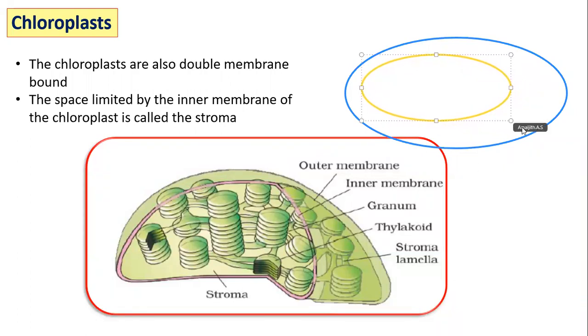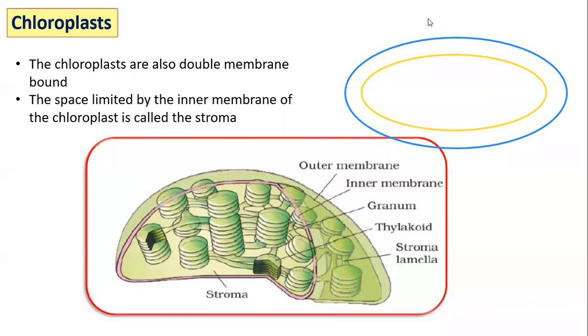This is the outer membrane of the chloroplast, and this is the inner membrane of the chloroplast. Towards the inner region of the inner membrane, you'll find a matrix.